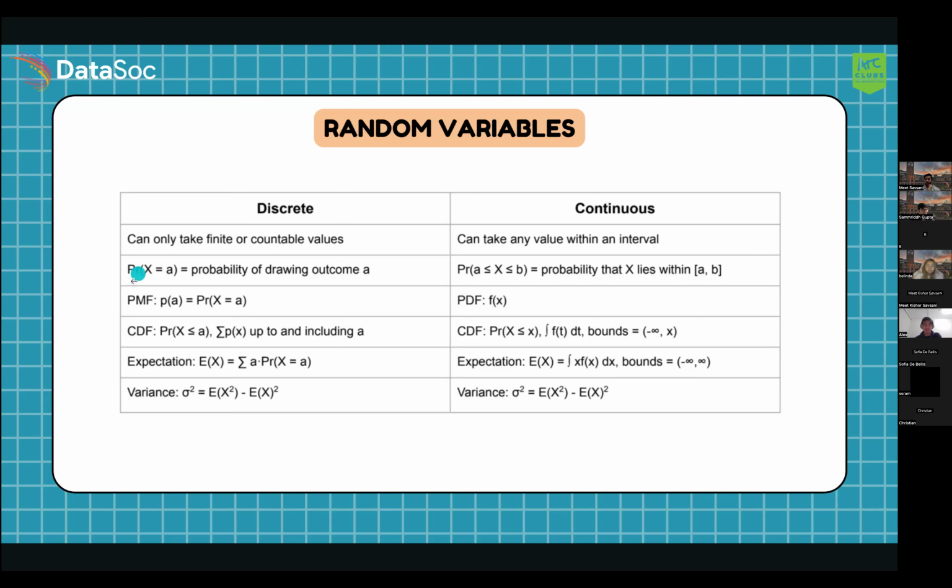As you can see, the probability of an outcome will normally be a sum, whereas the probability of a range for a continuous variable will more likely be an integral, as you can see with the expected values and the summation of probabilities for the discrete variables.